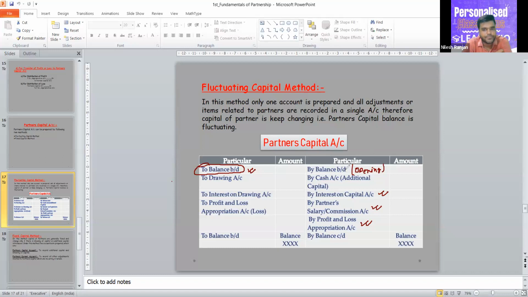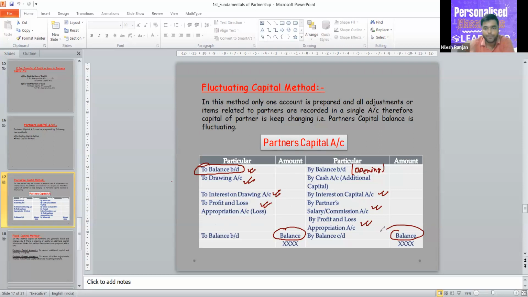Now, drawing, interest on drawing, profit and loss appropriation account. If there is a loss, and if there is a profit, then profit and loss appropriation account on the credit side. And after writing all these, you have to calculate balance. Balance can be on the debit or credit side. So this is our fluctuating capital method.